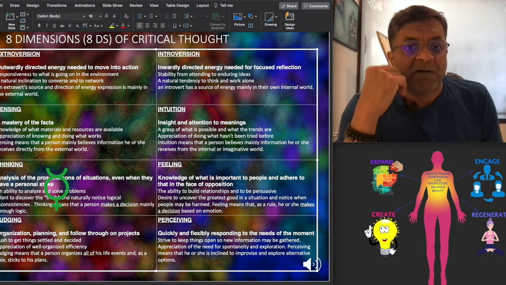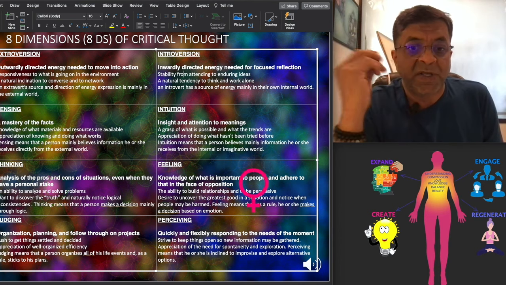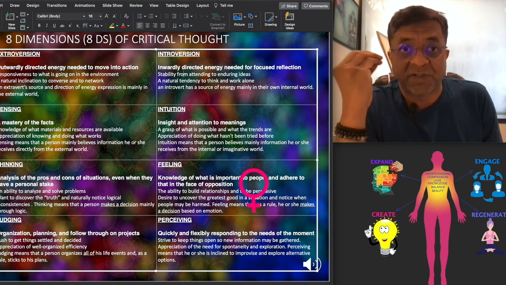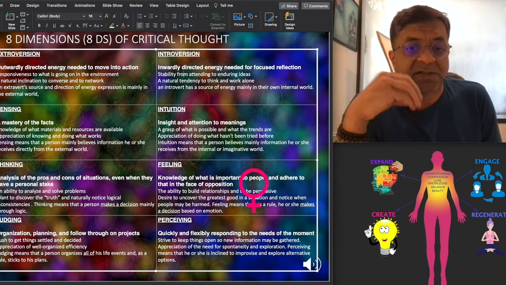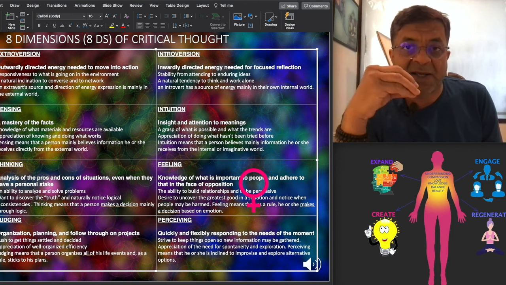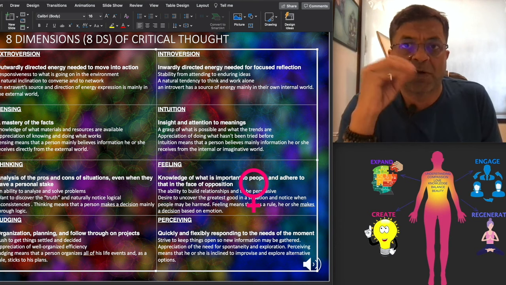Mercury. Feeling, more like Venus and Moon. Knowledge of what is important to people. They are more people oriented. Librans, Taurans, right? Cancerians. What is important to people, and adhering to that in the face of opposition. They'll be more about people. Well, how does it affect the people? How does it affect society? How does it affect learning, knowledge?